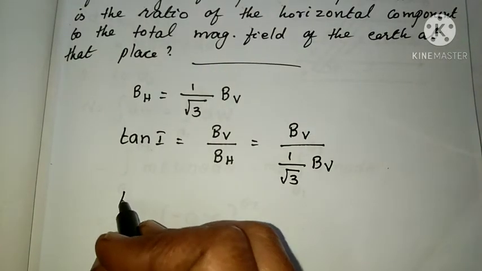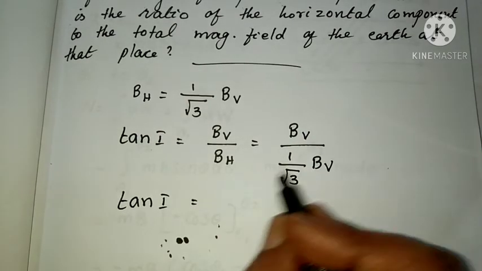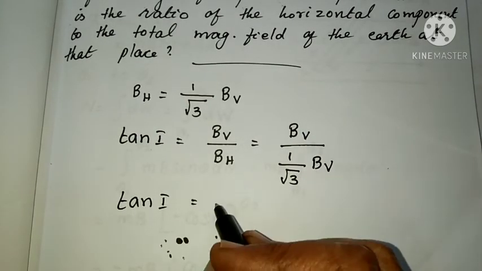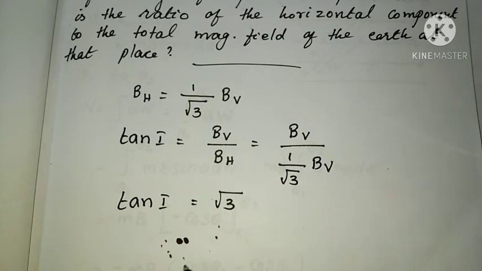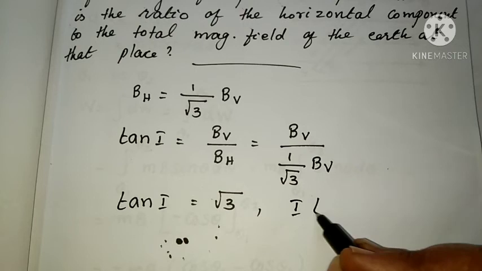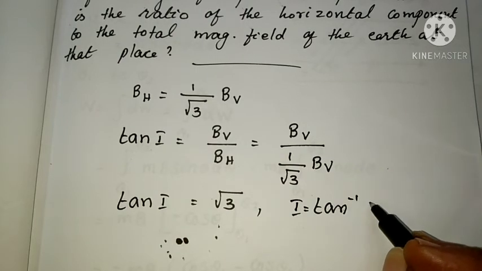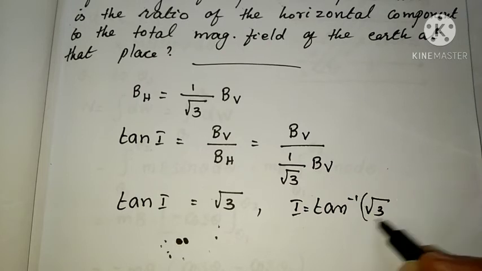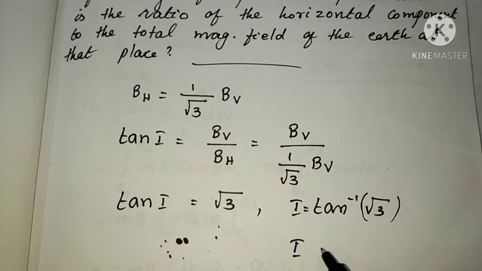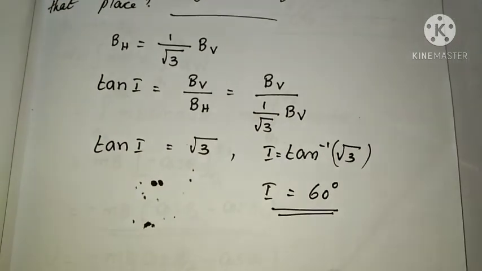So, we can write tan I equal to root 3, as 1 by root 3 goes to the numerator. Therefore, I equal to tan inverse of root 3. So, angle of dip is equal to 60 degree. Clear? So, that is the angle of dip.